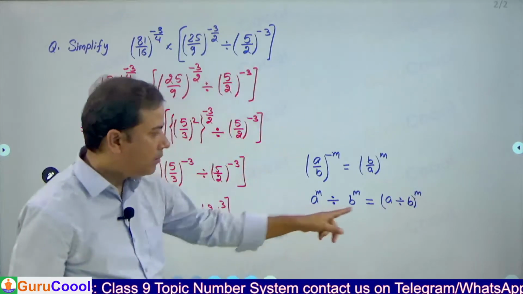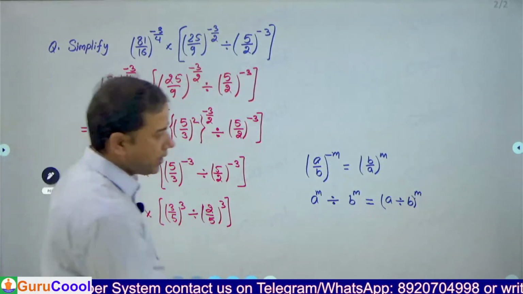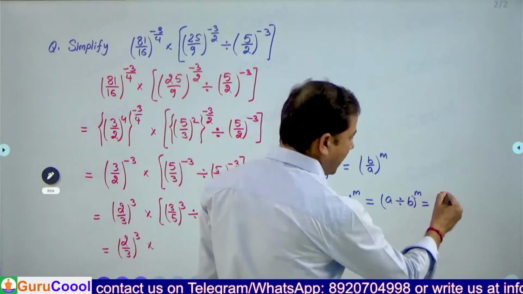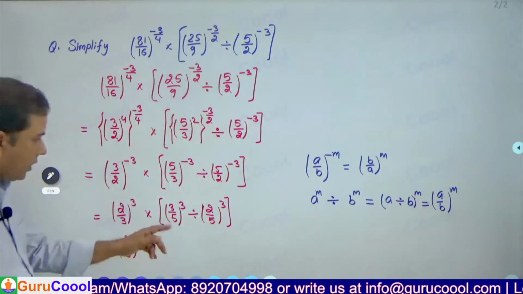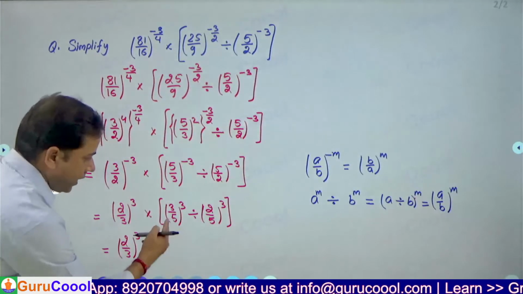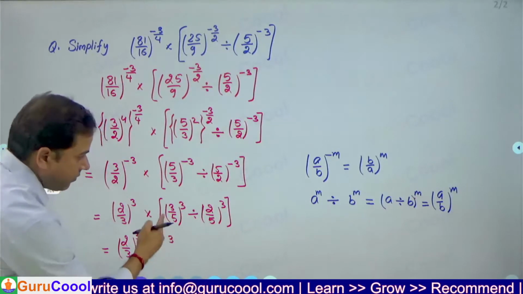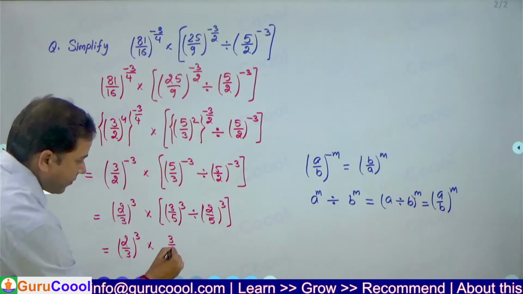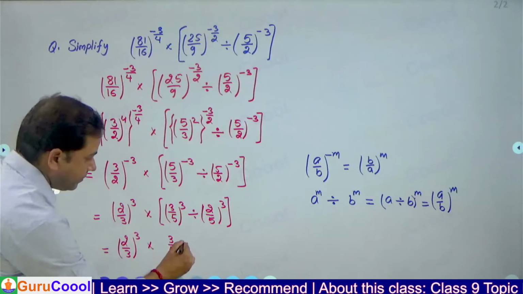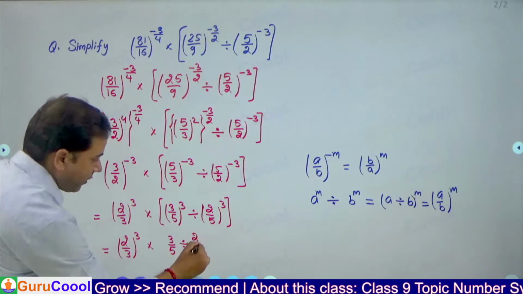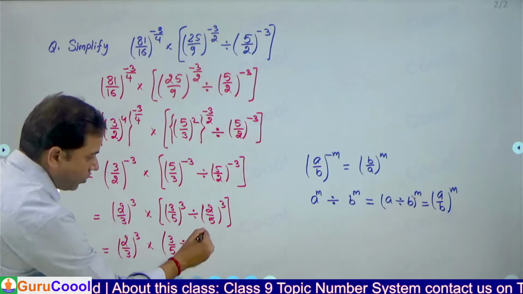So just divide the bases together and write the power only once. You can write it in p by q form as well, a by b raised to the power m. So here, 3 by 5 divided by 2 by 5, divide the bases and write the power only once.